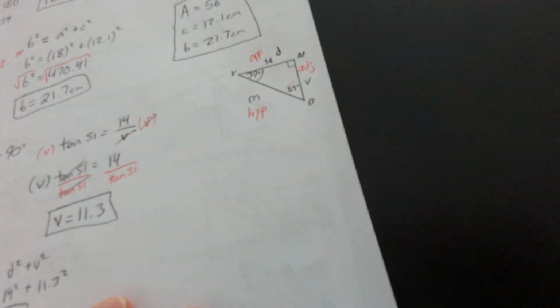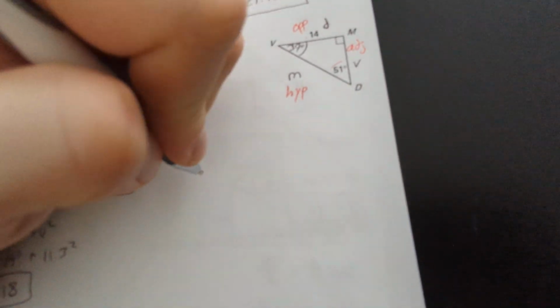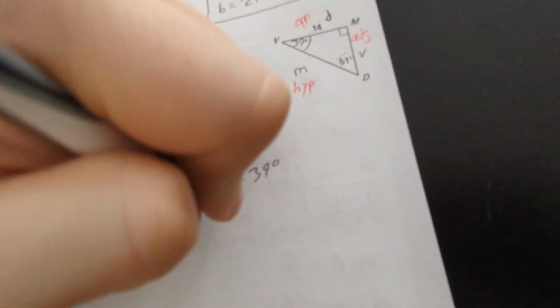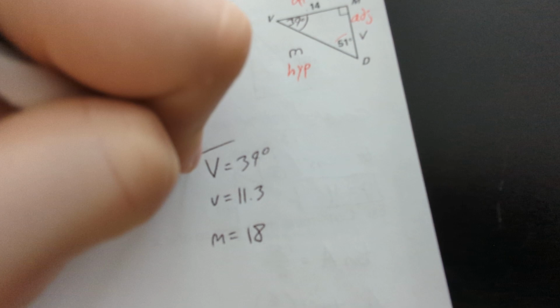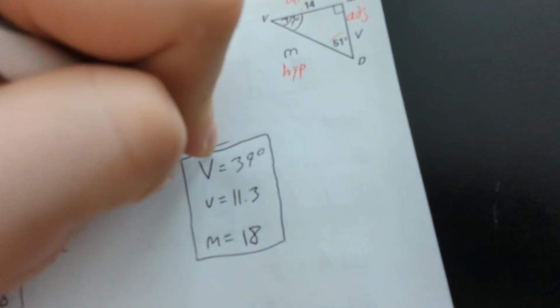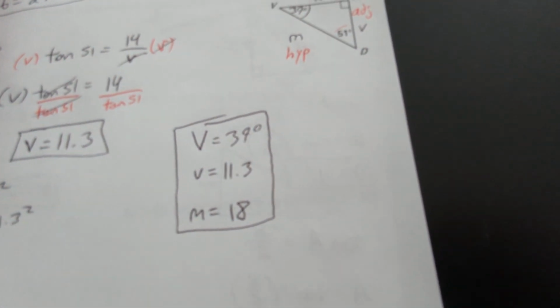And then if you want a nice little chart here, we found capital V first was 39 degrees. We found small v is 11.3, and we found that small m is 18. So that is the missing sides and angles that we found.